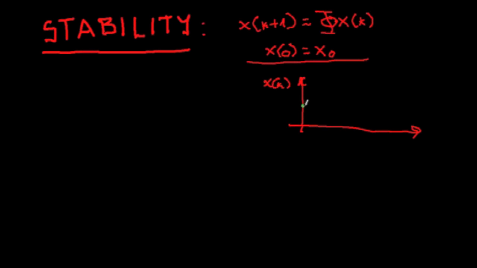In other words, we can have the following sequence that essentially shows that the system diverges as k goes to a high number.